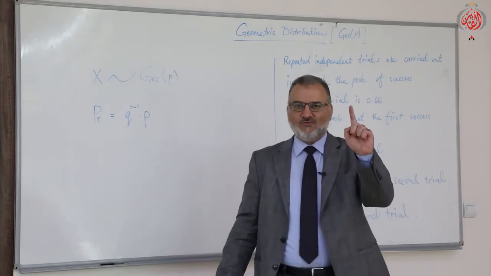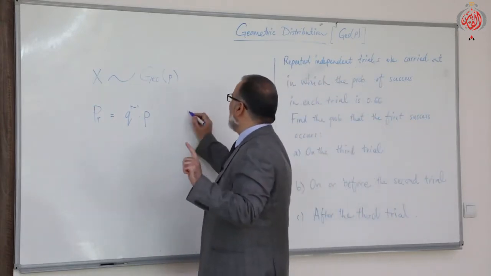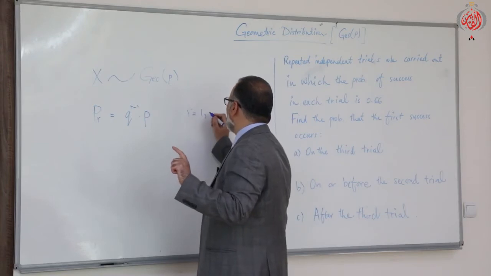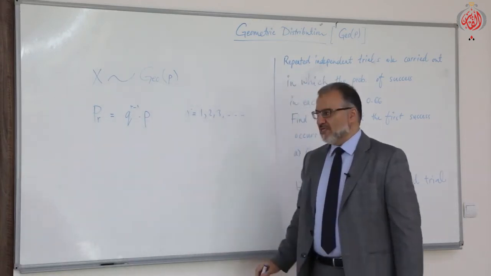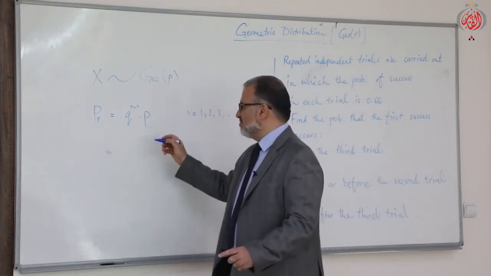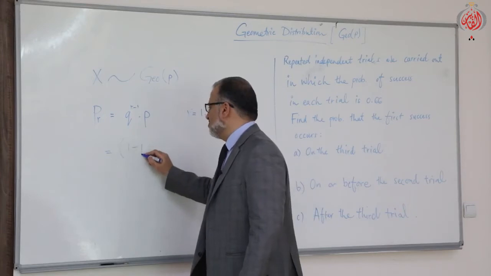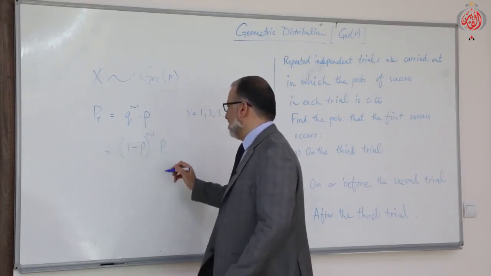We are interested in one p, the first success only, where r is 1, 2, 3, etc. In other words, in terms of p, you write (1 minus p) to the power of r minus 1 times p.